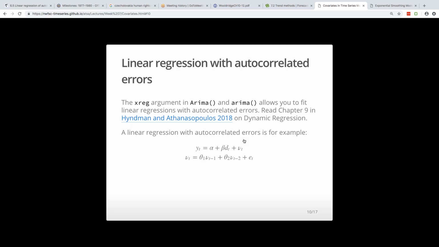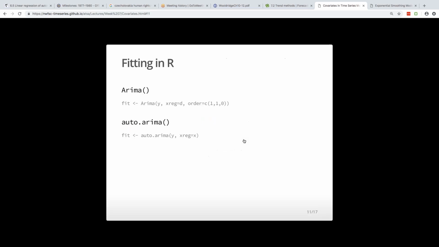But you could do something where you're fitting this, and then you're changing the covariates that you're including. I think that should work.